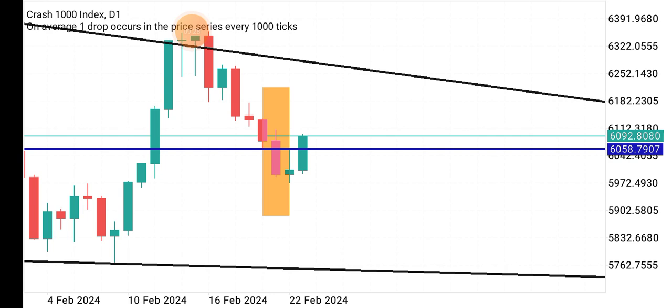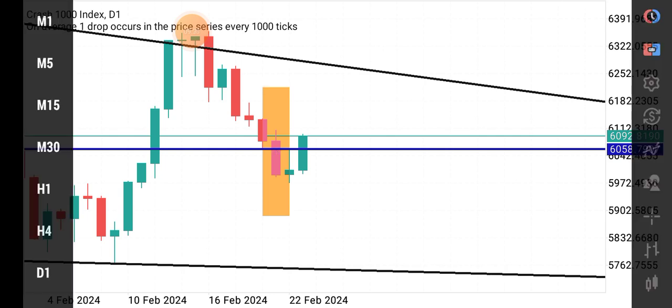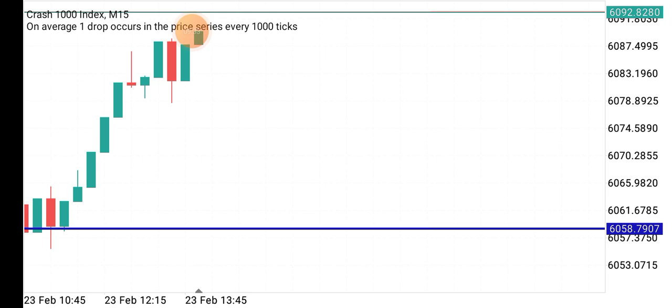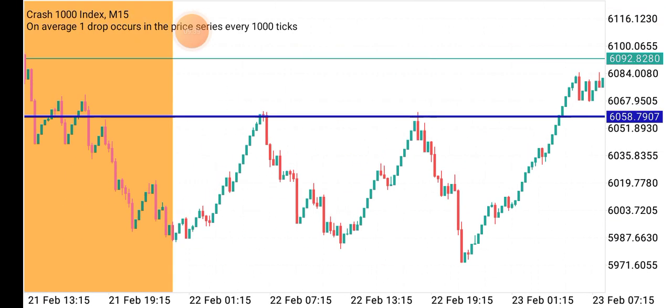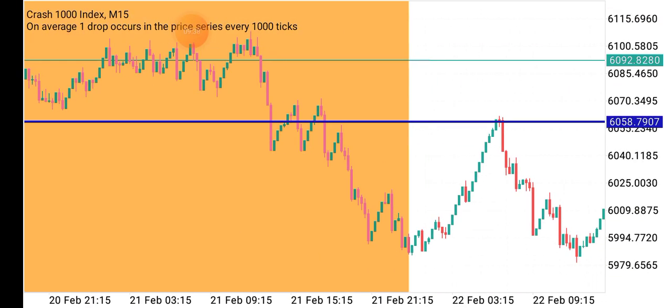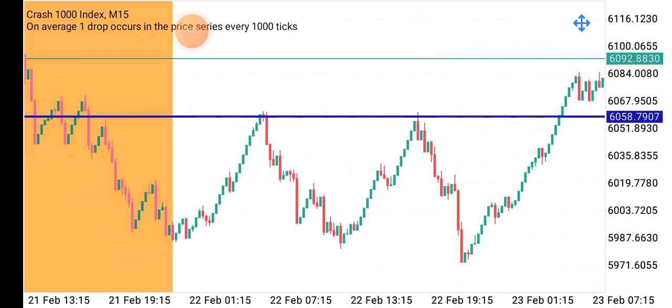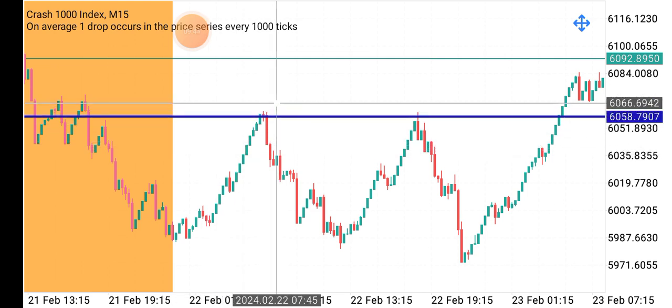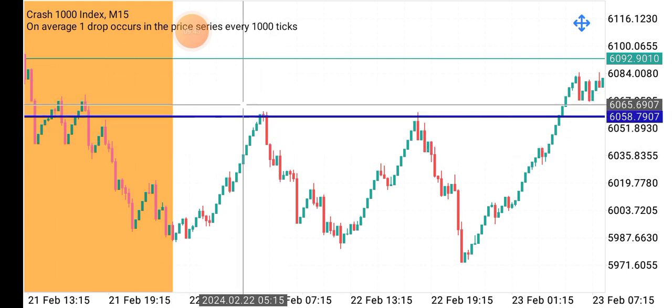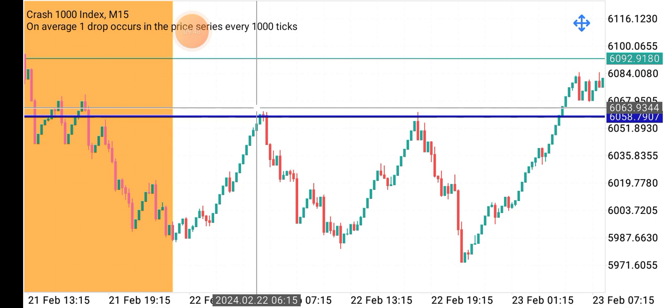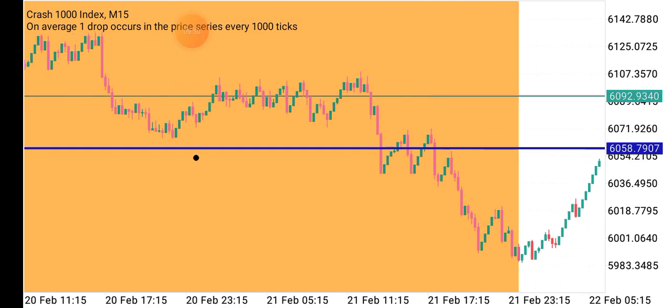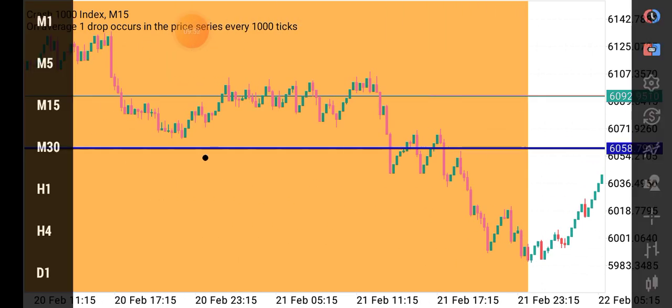Okay, all right, let's go to the 15 minutes time frame. Okay, so you can see this is it. How are we sure that this is the one? In fact, I think I can even remove this rectangle.